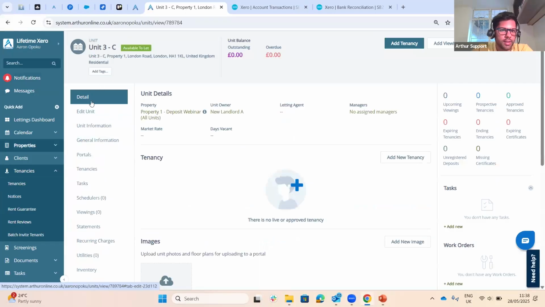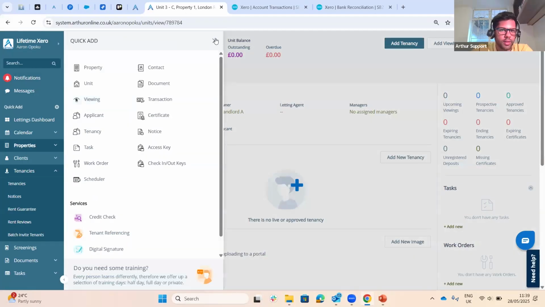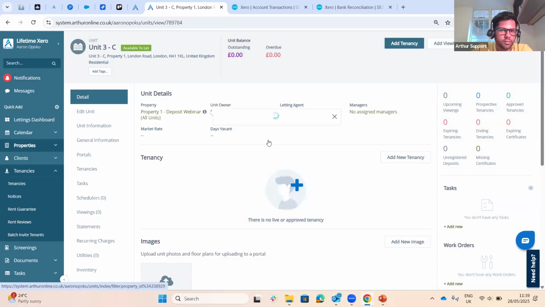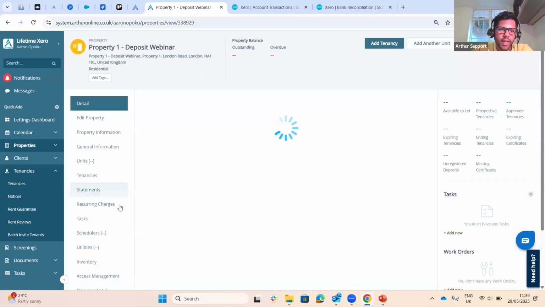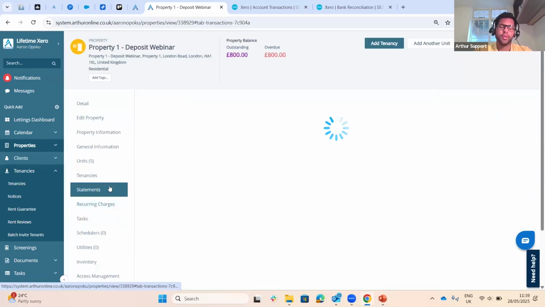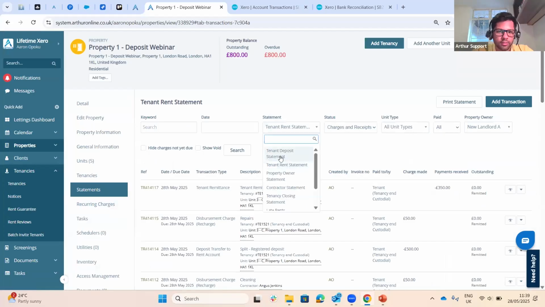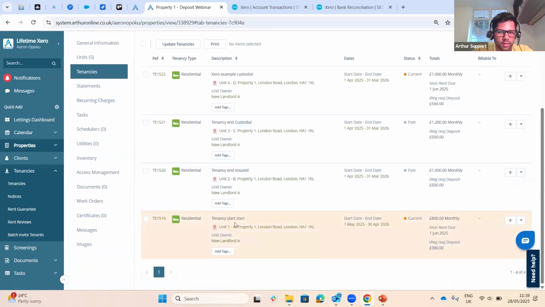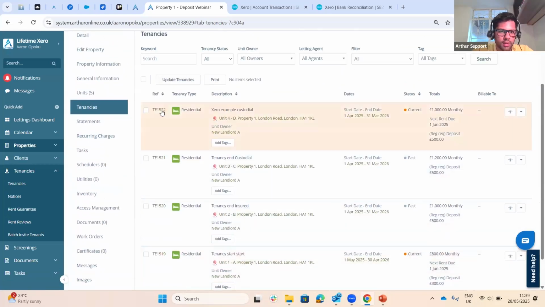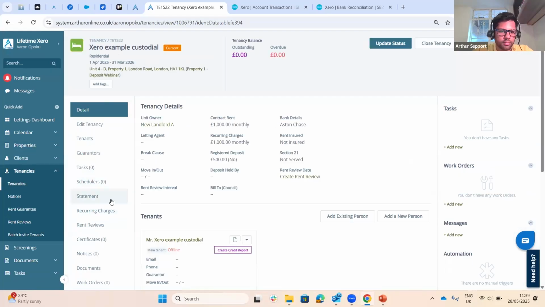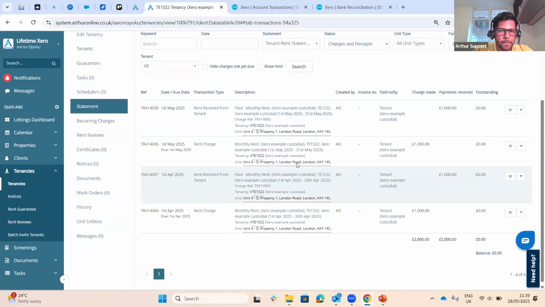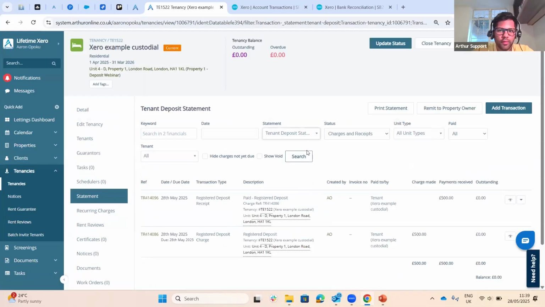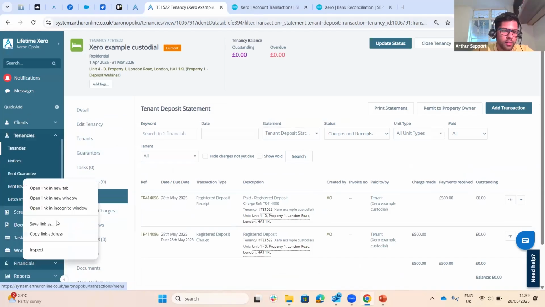I've got a different tenancy set up for Xero integration, and I'll explain how all the different transactions are linked to Xero. So let's look at this tenancy here. For this example, I'll just open the mapping screen as well.